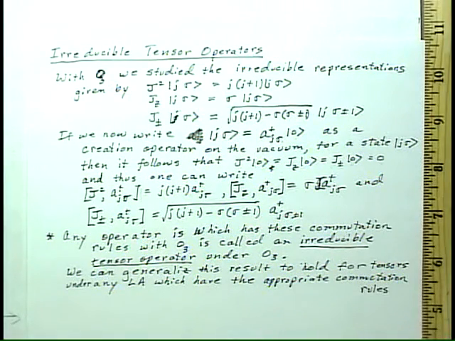We can then set up commutation rules between A dagger and A exactly like we did for the harmonic oscillator, or like we would do for creation and annihilation operators in a second quantized theory, where these are the creation and annihilation operators for a given state.